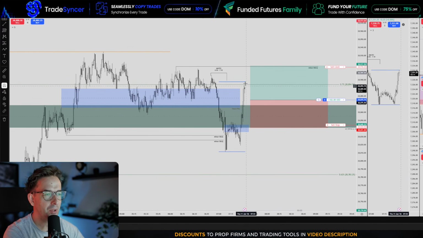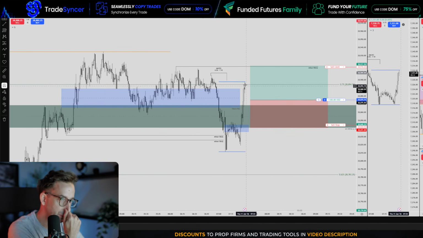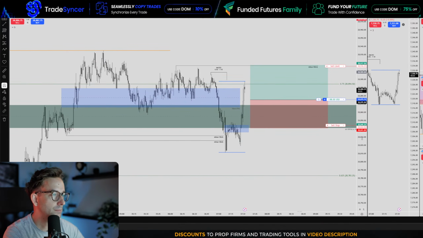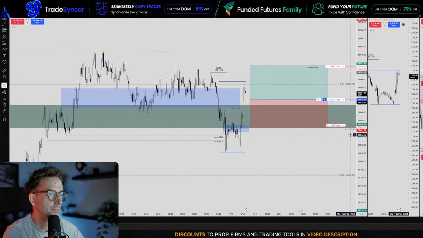I don't think this would be a pullback all the way up here. That'd be what it creates, like a quadruple top, and then pushes lower again. That would be crazy for price to do. Bad RR, but it is what it is, guys.